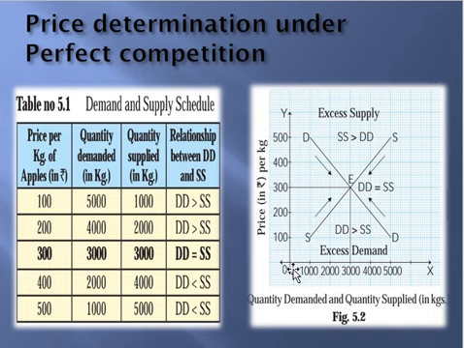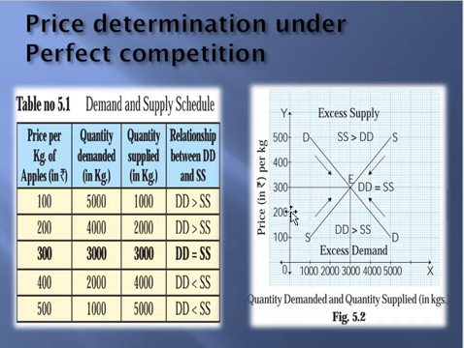So when the price was 100, the quantity supplied was 1000, right? This is S. So 1000 is supplied, and looking on further, the quantity demanded was 5000. Correct? Here it is 5000.